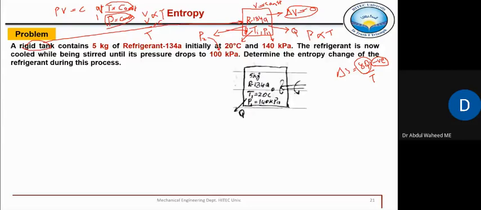So that was the schematic diagram. I already roughly drew it here. That is the mass, substance type, initial temperature, initial pressure, and heat being removed. To increase the heat transfer, we also use a fan.